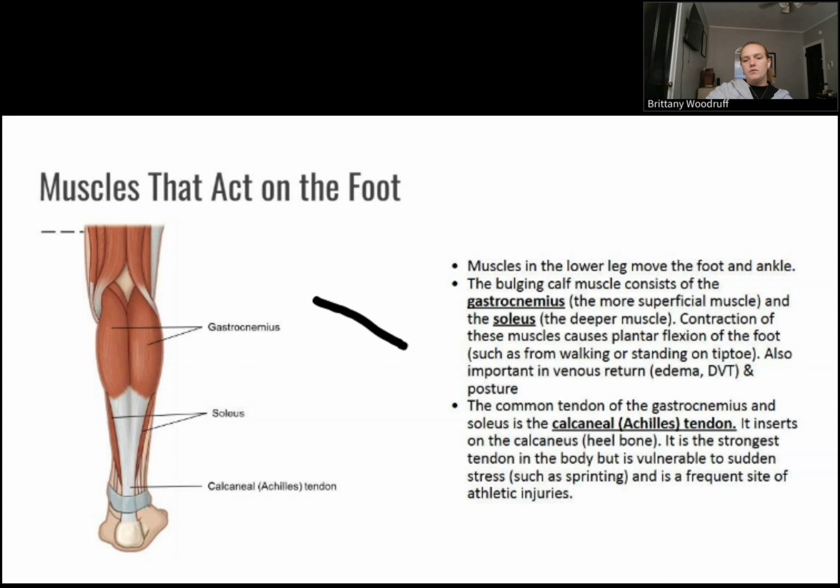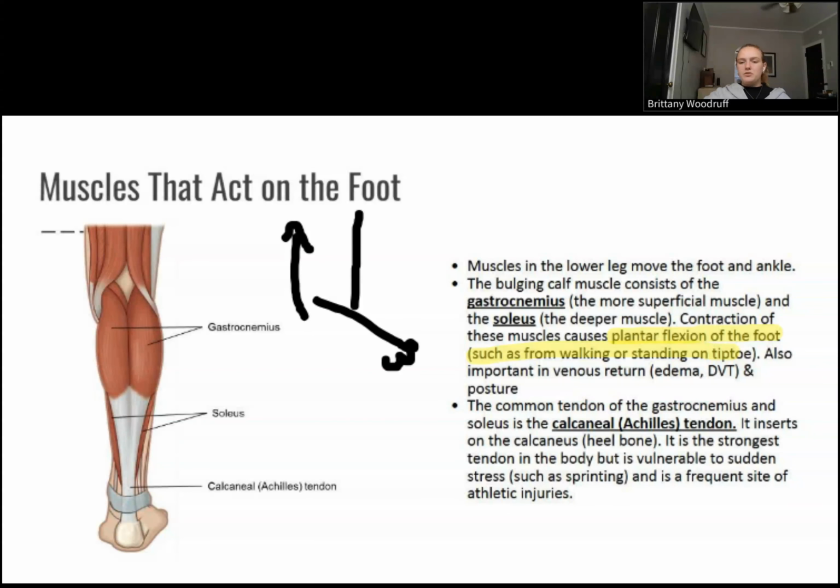So if I'm pulling up on this back part of the foot, these are my toes, it's going to cause my toes to point downwards. So your gastrocnemius and your soleus are responsible for plantar flexion, like when you're walking or standing on your tiptoes.